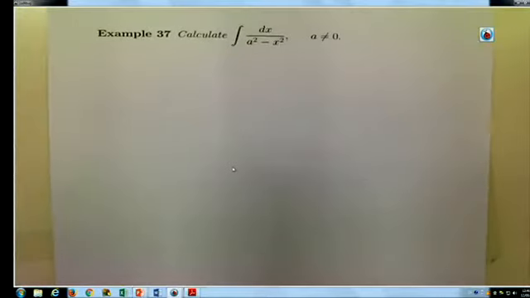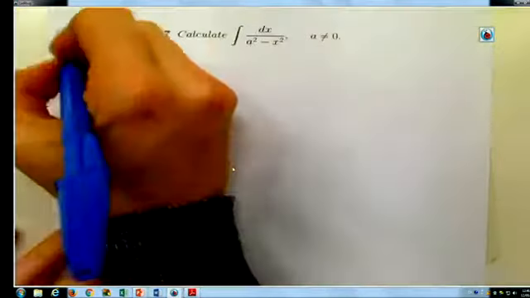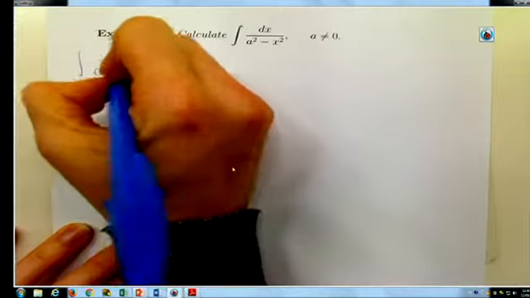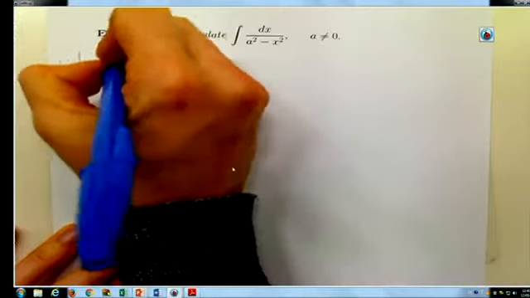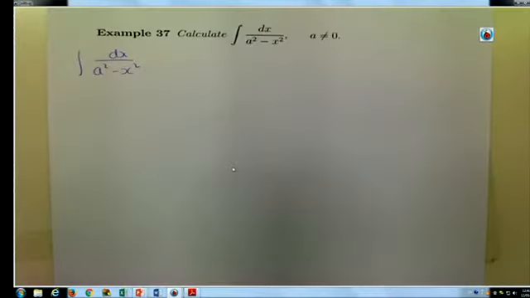All right, now comes the time where I'm going to talk about how do you know which trig substitution to use. Okay, so this one here, if a was equal to 0, this integration would be dead easy, right?